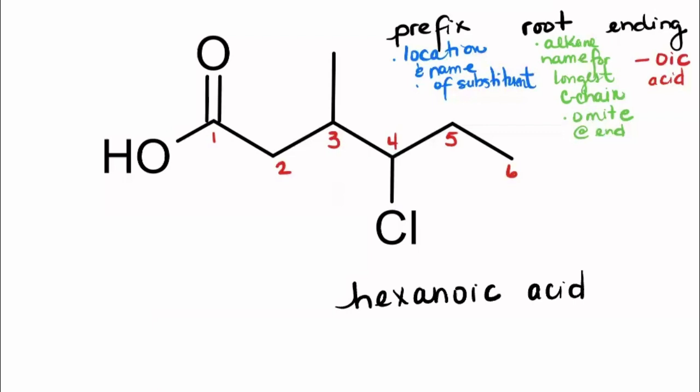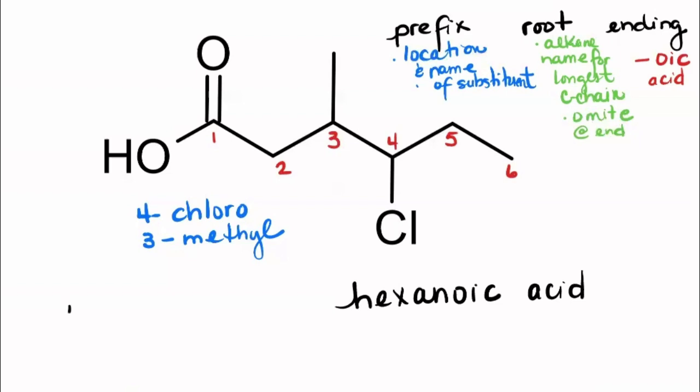In this molecule, I have 2 substituents. On carbon 4, I have a chloro group because of the chlorine. On carbon 3, I have a methyl group. And remember that those 2 substituents have to be put as a prefix of the root and the ending words, and we have to put them in alphabetical order.